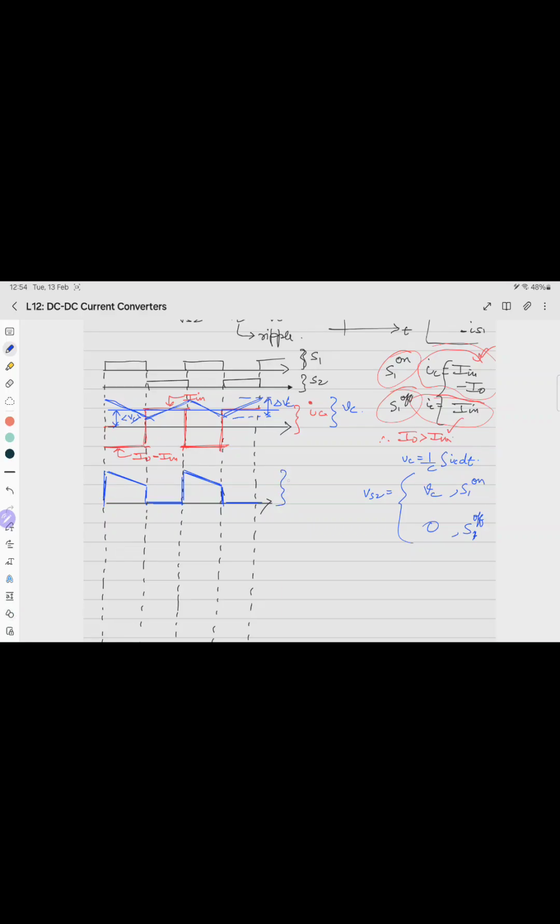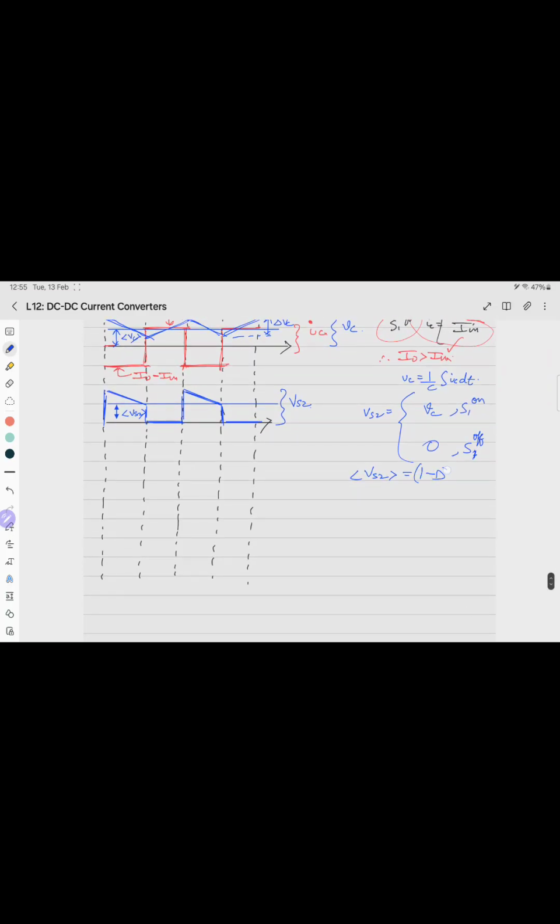So this waveform belongs to VS2, where the average value of VS2 becomes 1 minus D times the average value of VC.